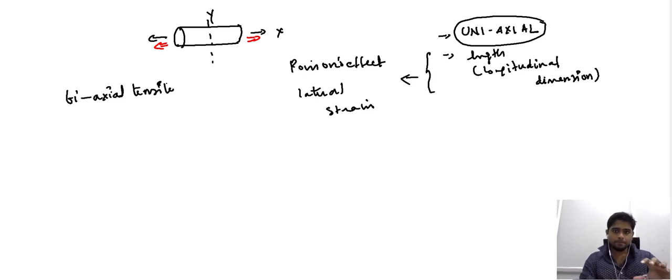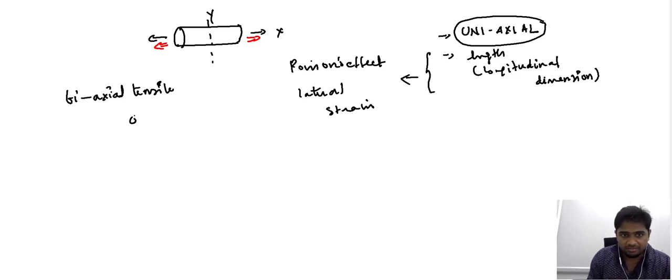So the Poisson's effect allowed us to discuss the strain in the direction that is perpendicular to the loading direction. And in the previous lecture, we extended our consideration to biaxial tensile loading, in the sense that when we impose the mechanical condition, it has tensile loading along two directions, both along the x and y axis.